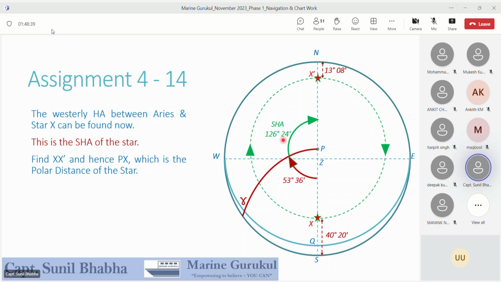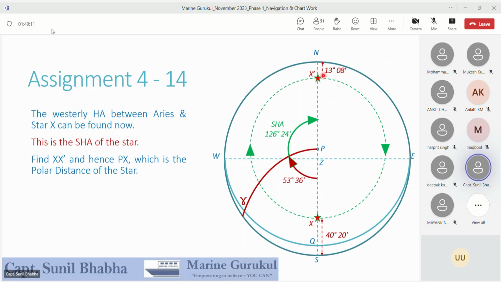Now you see we have this NX dash arc known to us. It is 13 degrees 08 minutes. We have the SX arc also known to us. It is 40 degrees 20 minutes. And we are aware that from point S to Z is 90 degrees, Z to N is again 90 degrees, so this total N to S is 180 degrees.